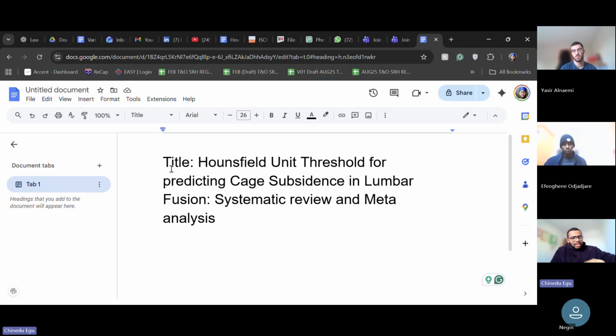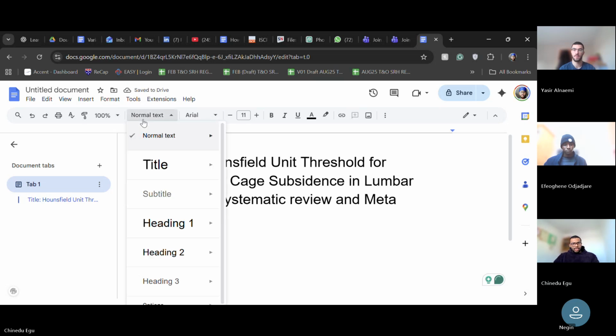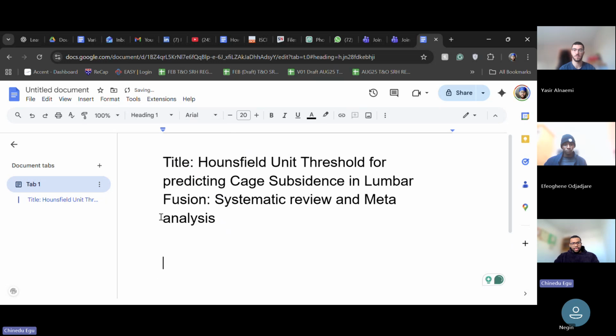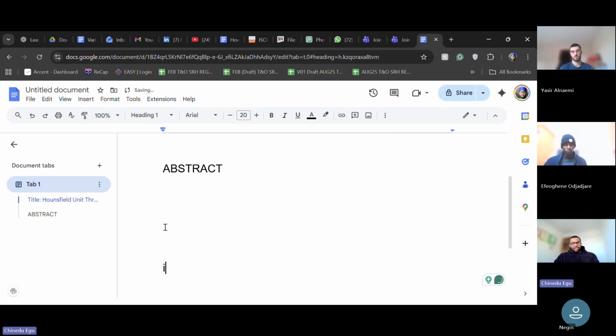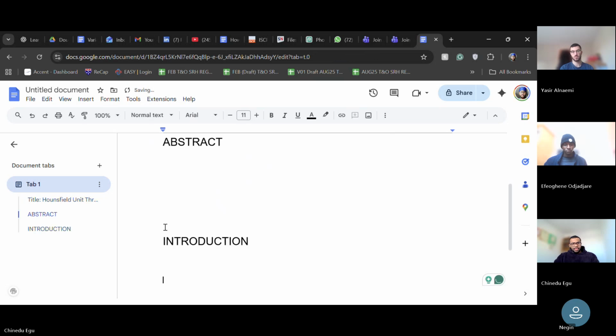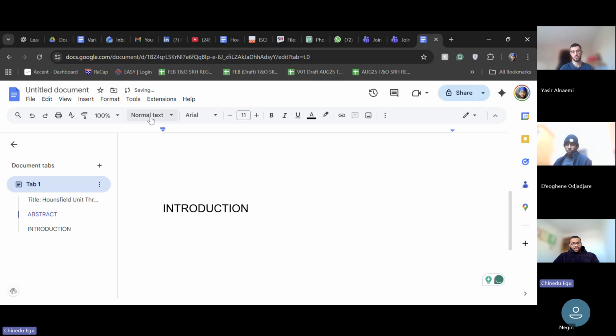And what I tend to do is this. I then write out, using heading 1, abstract. So just more of a schema of what the paper would look like. Introduction. And go on to methods.